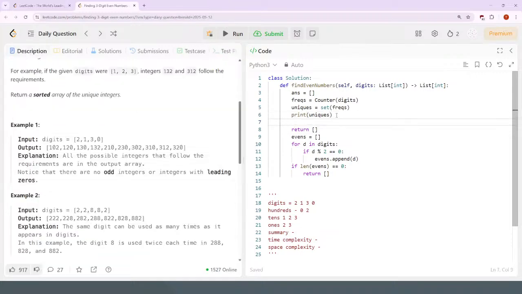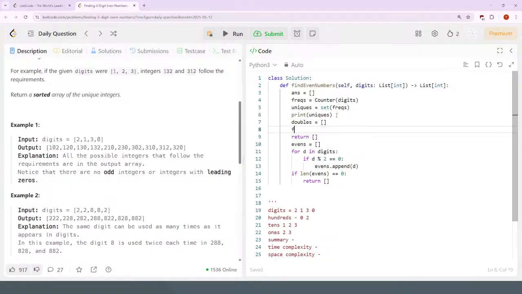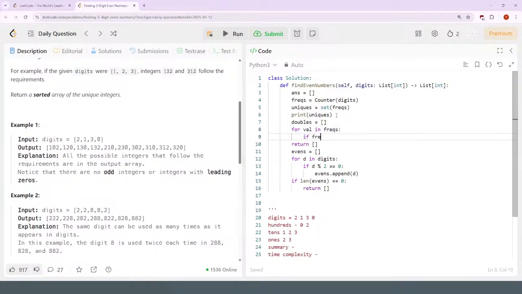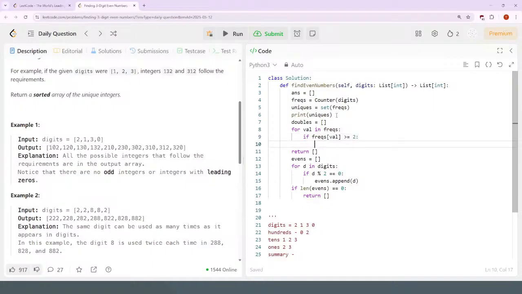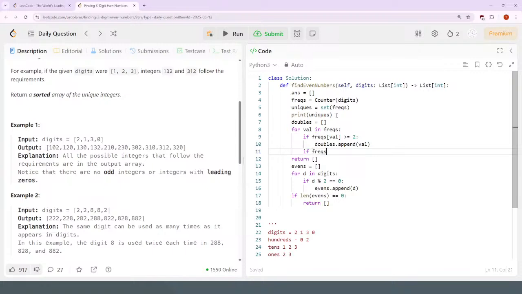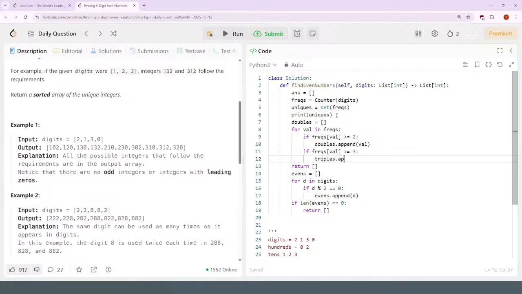And then say I have my doubles, and that's for every val in frequencies, if the frequency of that value is greater than or equal to 2, doubles append that value. If the frequency of that value is greater than or equal to 3, then triples.